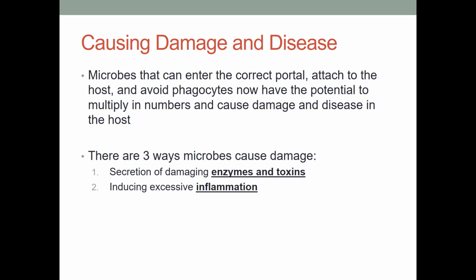A slightly less obvious way is often referred to as indirect damage, and this is inducing excessive inflammation. In the next chapter, we'll talk more about inflammation, but inflammation is the body's response to some kind of trauma. It doesn't necessarily have to be infection, but in this context, it would be infection. So when your body notices that you have infection, you start to respond with inflammation.